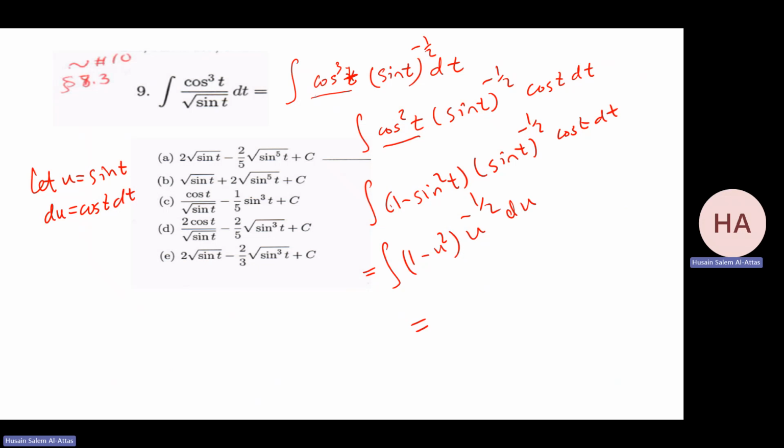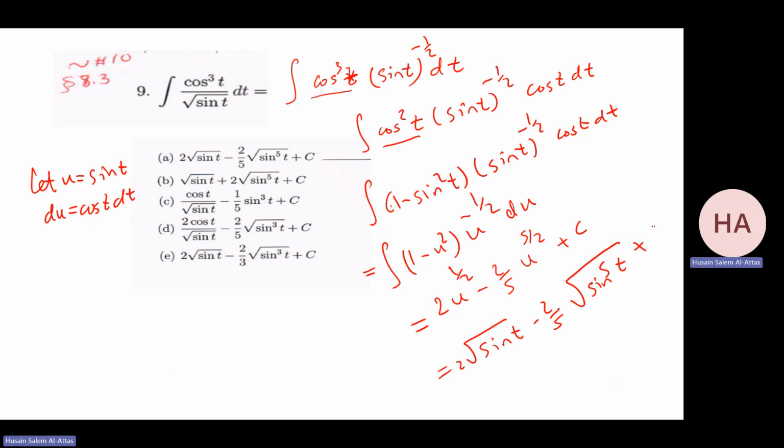What will be the result? That will be 2u to the power half, minus u squared times u to the power minus half, that is u to the power 3/2, plus 1, that will be minus 2/5 u to the power 5/2 plus c. I retain the sine. That will be 2 square root of sine t minus 2/5 square root of sine to the power 5 t plus c, which is this.